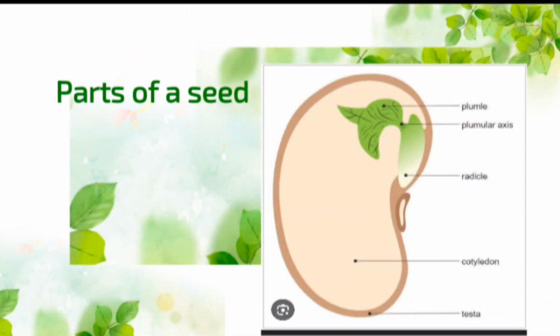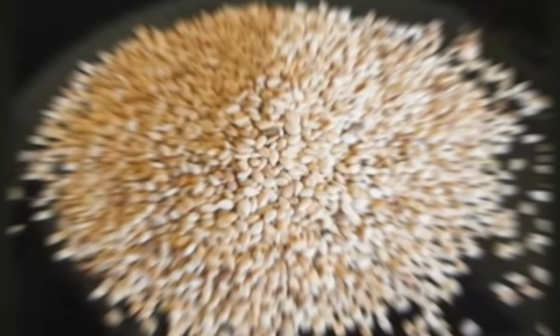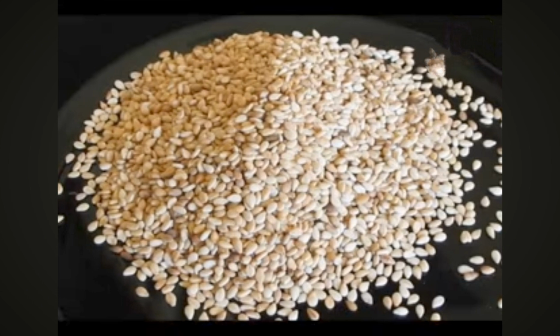And today we are going to learn about parts of a seed. Before going to our lesson, we just revise our previous class. We have learnt that there are seeds with different sizes, shapes and colors. And based on these features, every seed has to be dispersed.